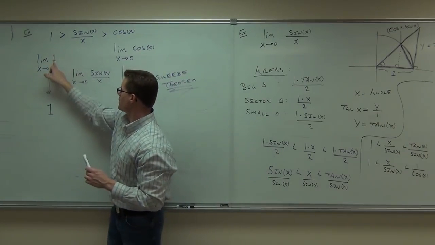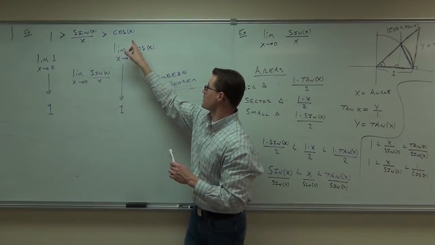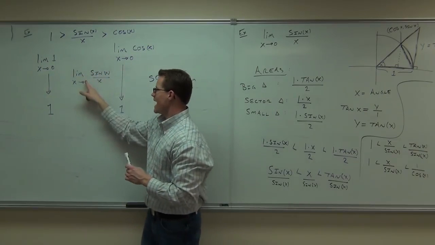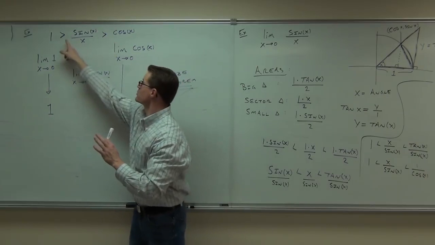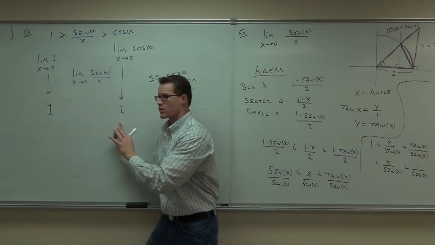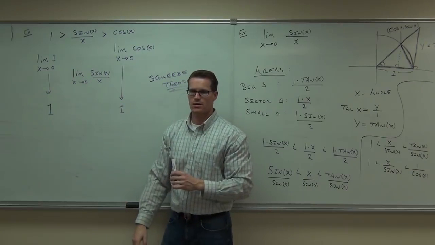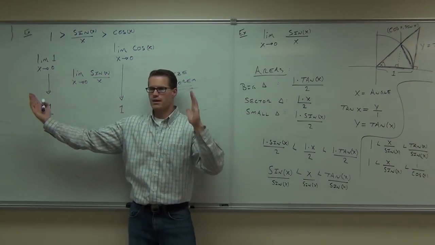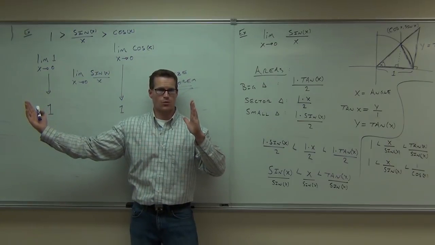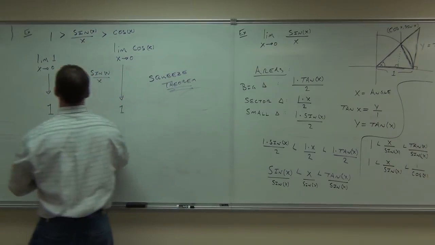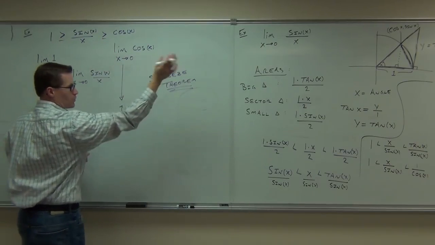The limit of 1 is 1. The limit of cosine as we approach 0 is also 1. What does this limit absolutely have to be? If it's between those two functions, the limit has to be between those two functions, only they're going to the same number. What's that limit? It has to be 1. The right bound is 1. The left bound is 1. Can it be anything different than 1? No. It has to be 1. Technically, I'm supposed to have these throughout the whole thing.